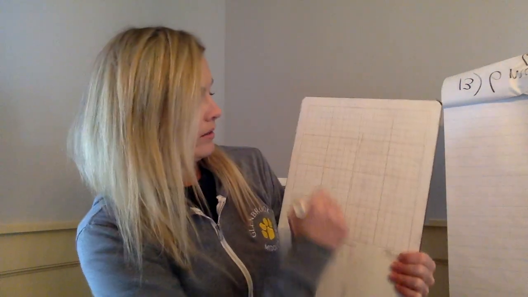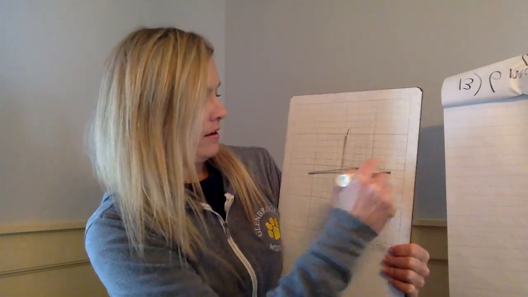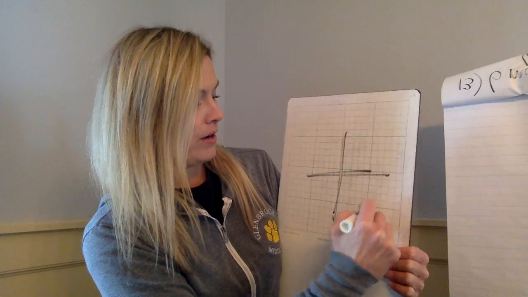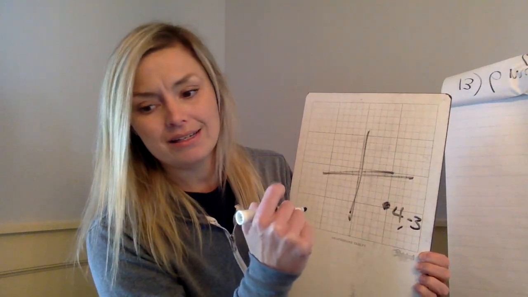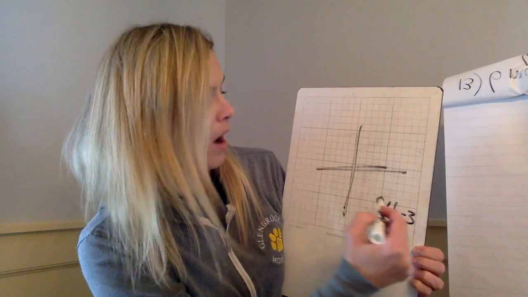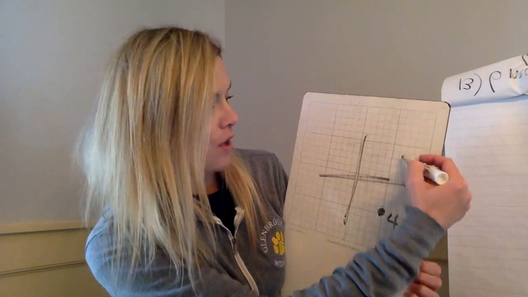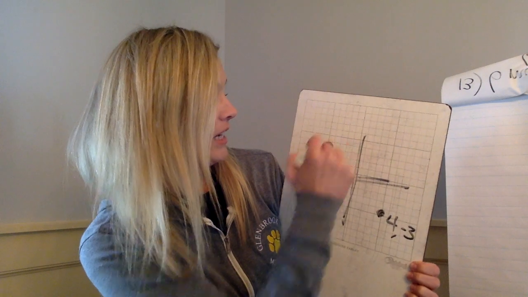In number 14, if you had a point at 4, -3, so if I did a quick little graph at 4, -3, and we reflected it over both axes, x followed by y, it would be up here.